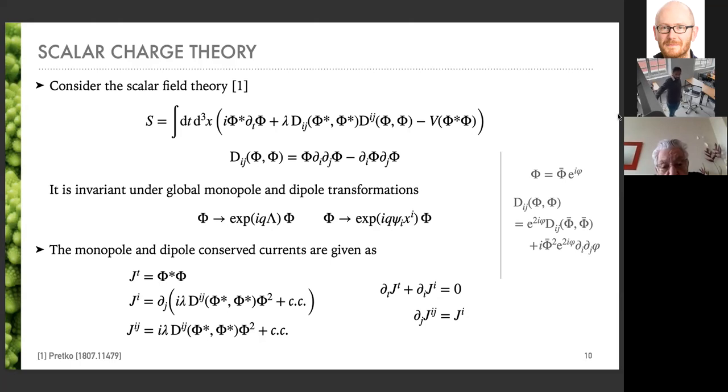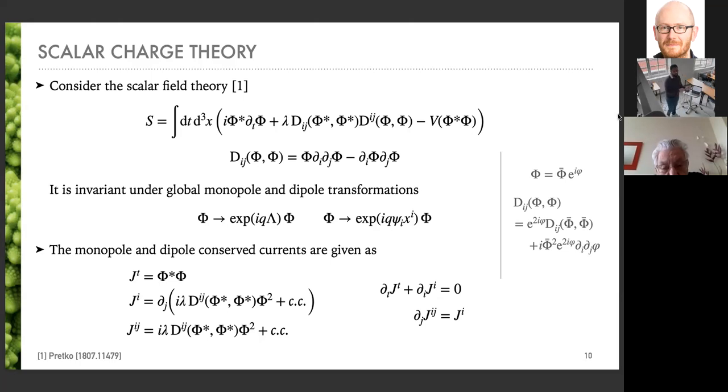And the first term, of course, transforms covariantly under both of these transformations. The first one is the local, normal U(1) transformation, and the second one is known as the dipole transformation, which is like linearly varying shifts of the phase. And since this thing only depends on two derivatives of phi, both of these are symmetries.